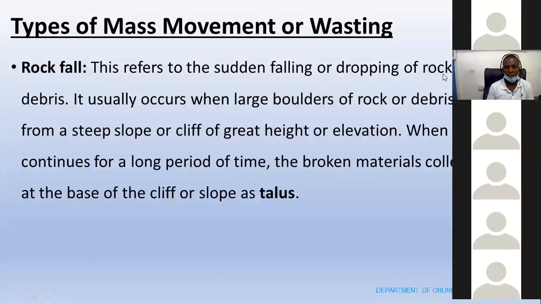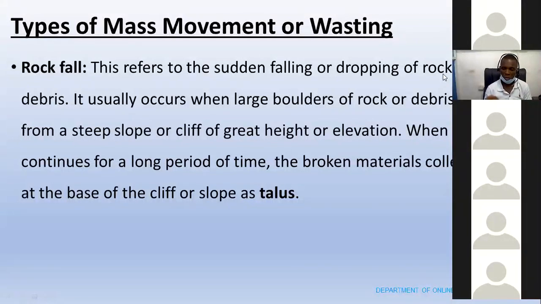This usually occurs when large boulders of rock or debris fall from a steep slope or a cliff of an appreciable great height or elevation. When rocks of a large size suddenly fall from a steep slope or a cliff downslope, then we have the phenomenon of what? Rockfall.